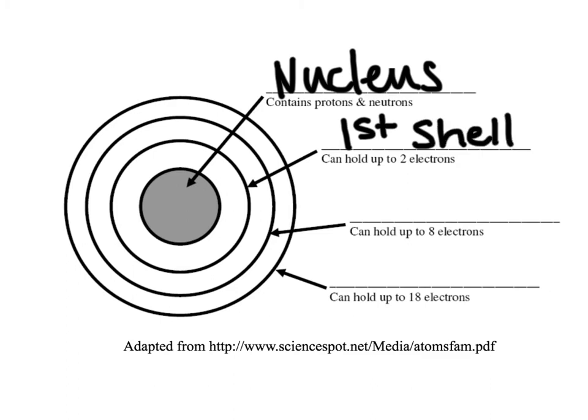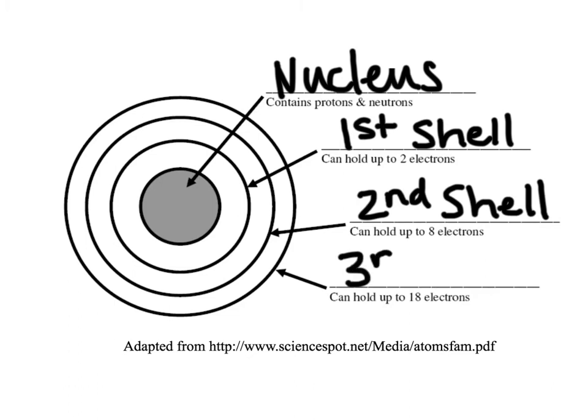It won't hold any more than that. If there's more than 2, they're going to overflow into the second shell. That can hold up to 8 electrons. Once that one's full, we're going to overflow into the third shell. And that third shell can hold up to 18 electrons.